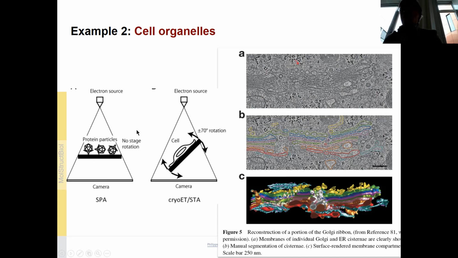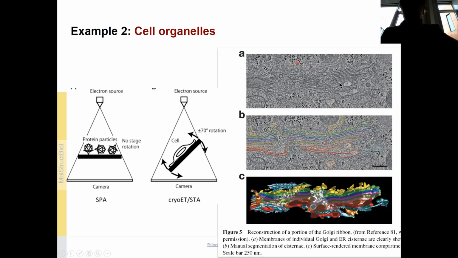But you can of course also use cells or bacteria, immobilize them on the grid, at least when they're not thicker than 1 micrometer, and do the tomograms. That means you can record structures of much more complex biological situations.